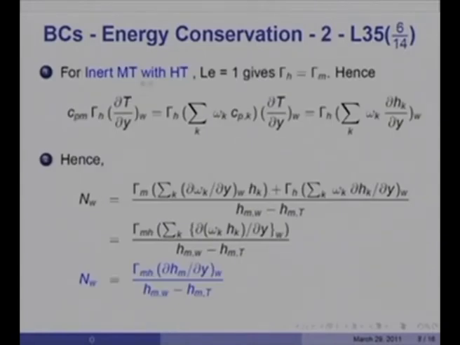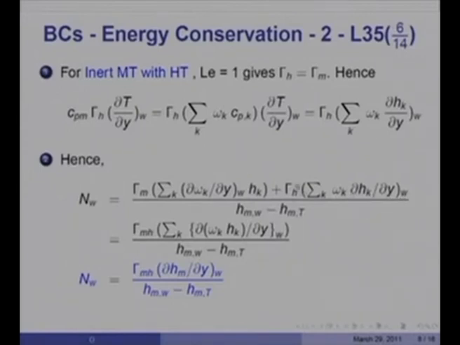So in inert mass transfer with heat transfer, and if I make the assumption of Lewis number 1 as we usually do, then gamma h will be simply equal to gamma m, and hence Cp_m gamma h dT by dy would be gamma h into Cp_m, which is simply sigma omega_k Cp_k into dT by dy, and if I now absorb Cp_k inside this derivative, then I get gamma h into sigma omega_k dh_k by dy at W, and hence you will see that the numerator now reads as gamma m into sigma k d omega_k by dy at W h_k plus gamma h into sigma k of omega_k dh_k by dy at W.